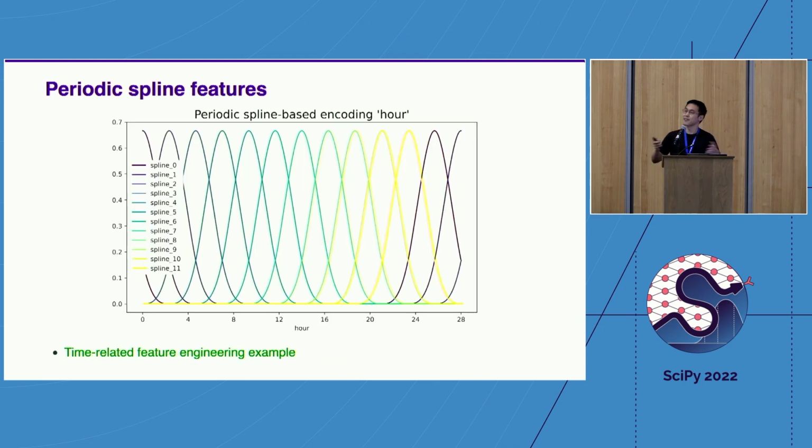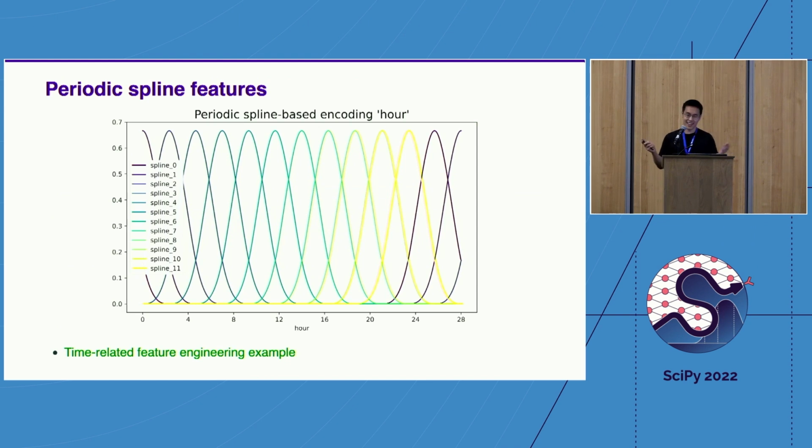And this is a topic in on itself, but the idea is that periodic spline features allows you to encode the periodicity of your feature. And there's a very lovely example in the Scikit-learn examples, a link at the bottom of the slide. But this is one good way to encode periodic features.